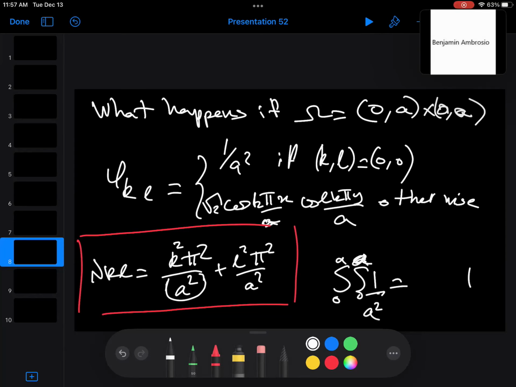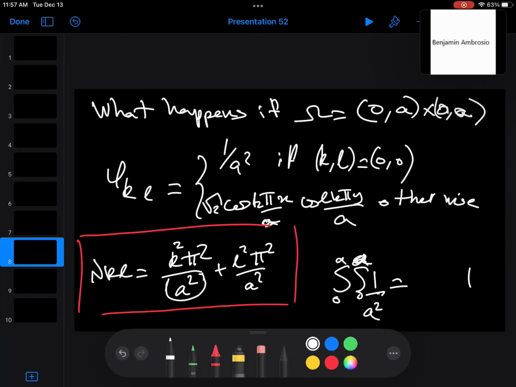We went from a side of 1 for the square to a side of A, and the eigenvalues decrease accordingly because you have the A squared here in the denominator.